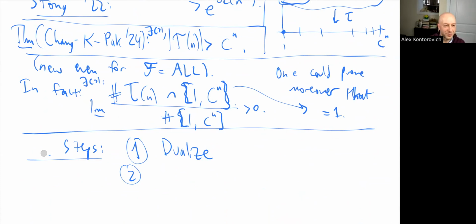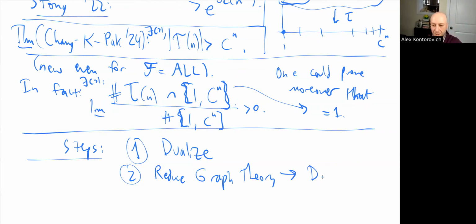I don't know, some number of steps. We'll find out how many steps. Step 1 is to dualize. Step 2 is to reduce the graph theoretic problem to a problem in Diophantine analysis, let's call it Diophantine approximation.